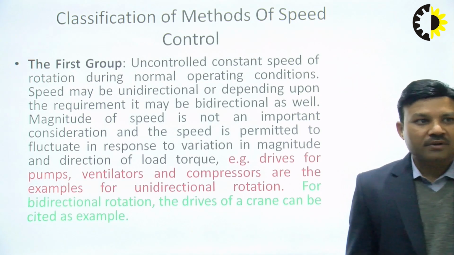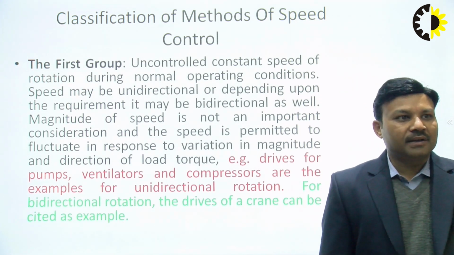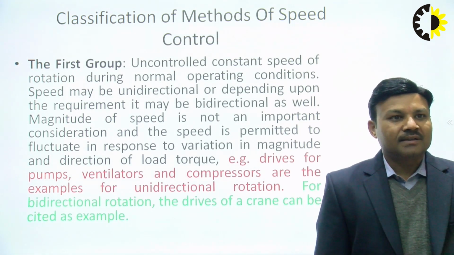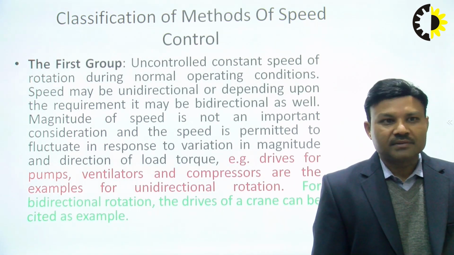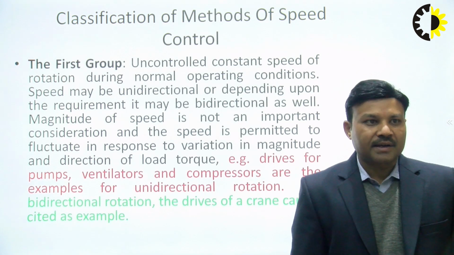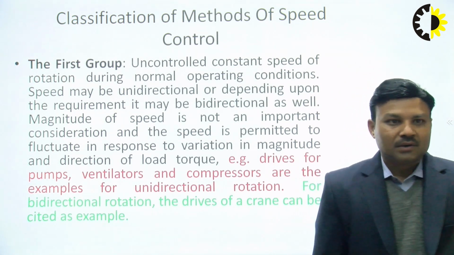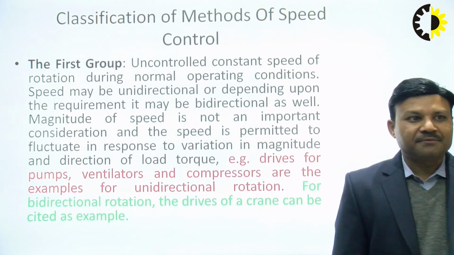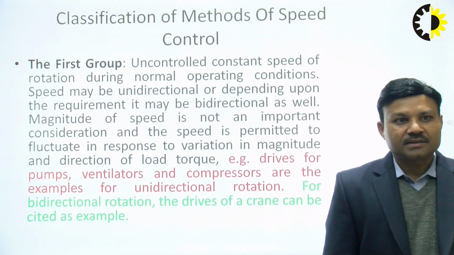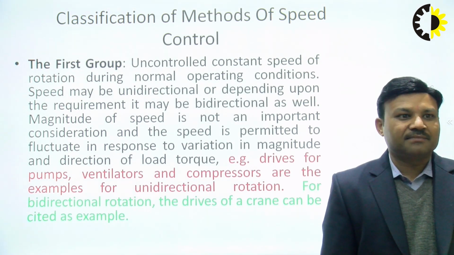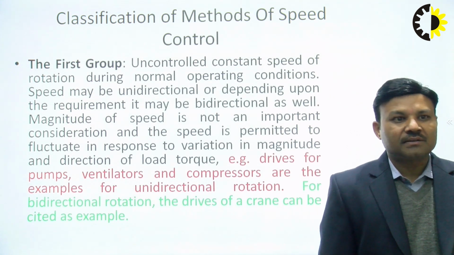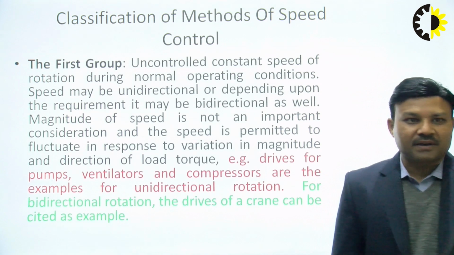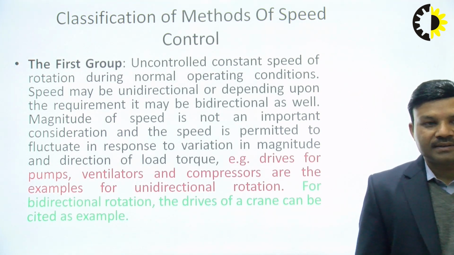Magnitude of speed is not an important consideration, and the speed is permitted to fluctuate in response to the variation in magnitude and direction of load torque. Examples are drives for pumps, ventilators, compressors for unidirectional rotation. For bidirectional rotation, the drives of a crane can be cited as an example.